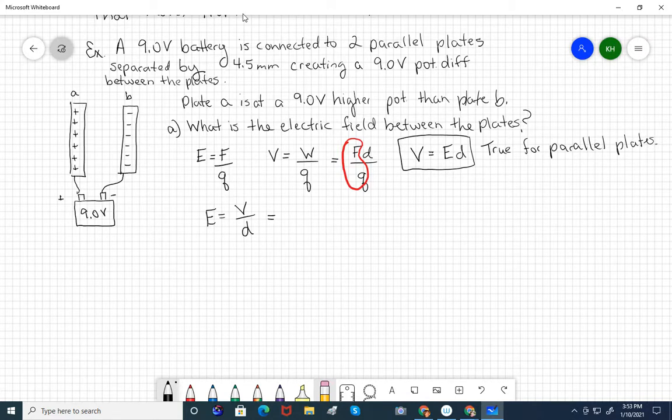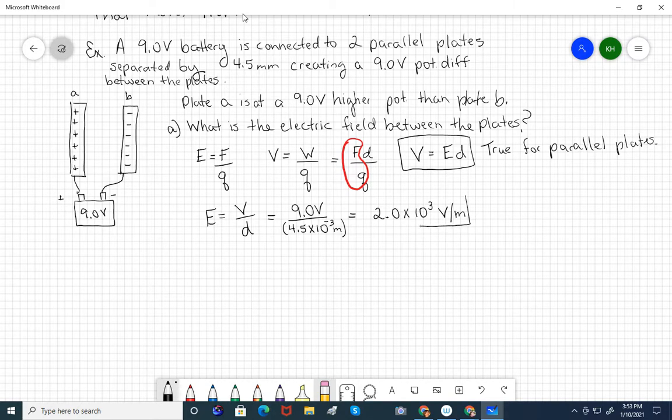They tell us the potential difference is 9 volts. They tell me the distance separation is 4.5 millimeters, so 4.5 times 10 to the negative 3 meters. And I get a result of 2,000. We'll have two significant digits, so I'll write it in scientific notation: 2.0 times 10 to the third volts per meter.